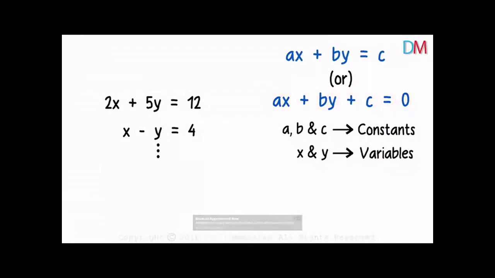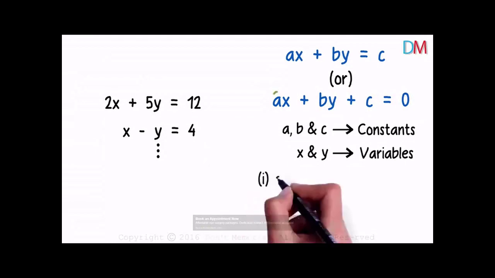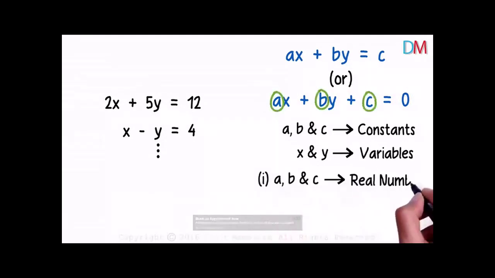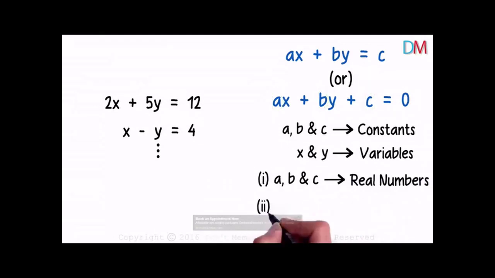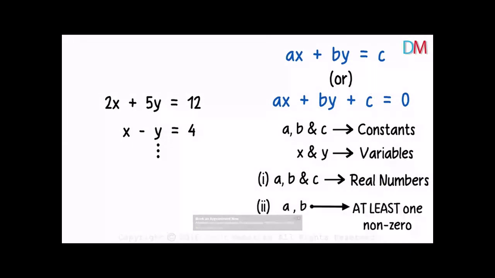Hold on. Are there any conditions here? Yes. First, the constants a, b and c have to be real numbers. And the second condition is interesting and I want you to listen to it carefully. Both a and b cannot be 0 together. Can you come up with a mathematical way to write the second condition?